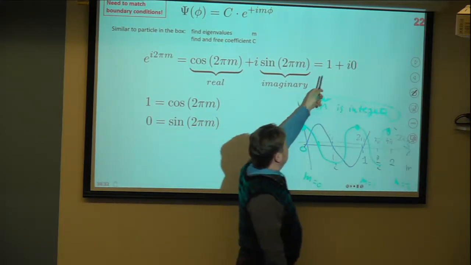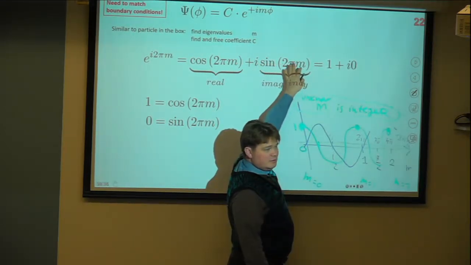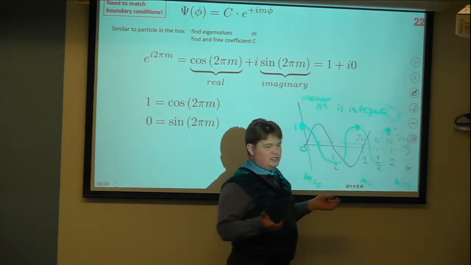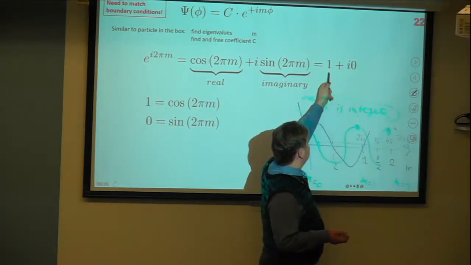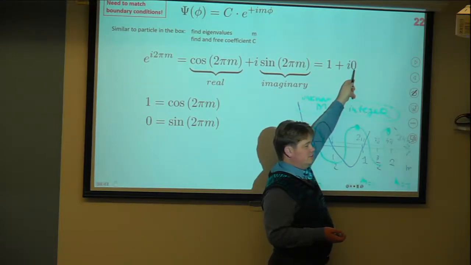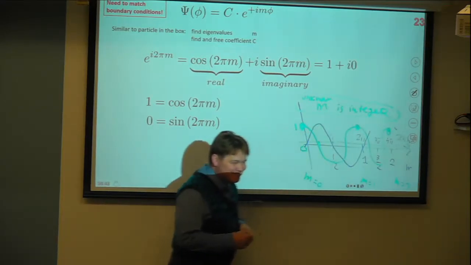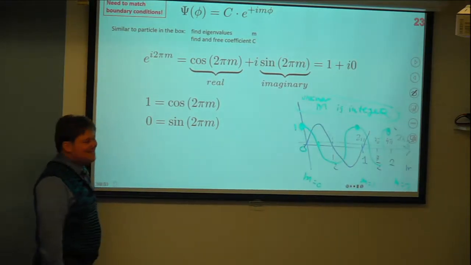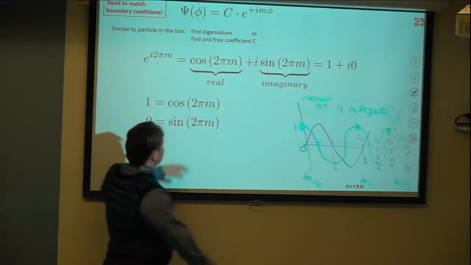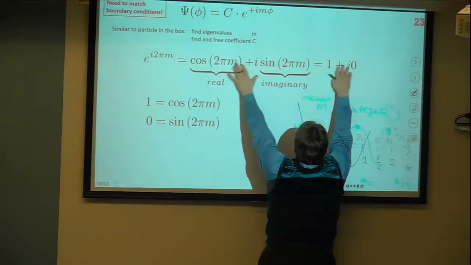And it should be equal, so it is a complex number, right? But 1 is also a complex number, because real part equals 1 and imaginary part equals 0. Sure. So how do we solve this equality?